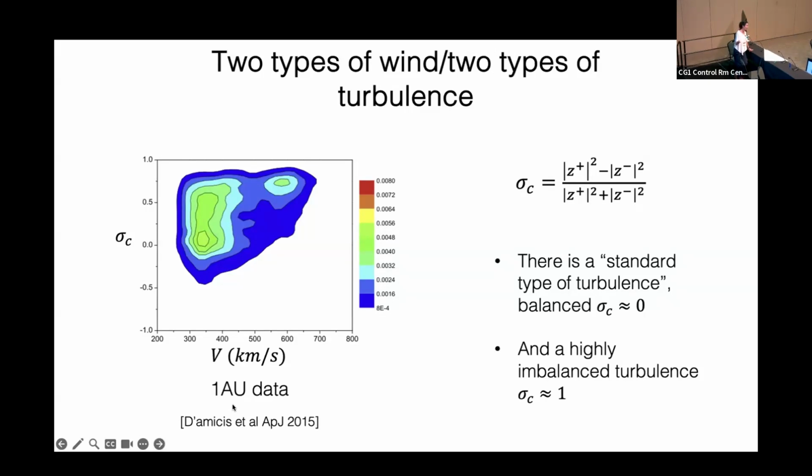One is the standard balanced, zero cross-helicity, nearly zero. And then there is a slow wind that is also highly Alfvénic, so cross-helicity nearly 1. And this is the standard Alfvénic wind. This blob here, fast and highly Alfvénic.